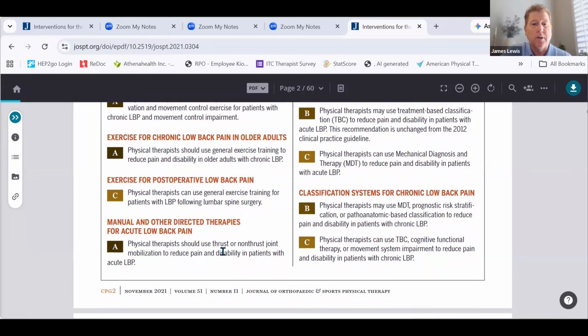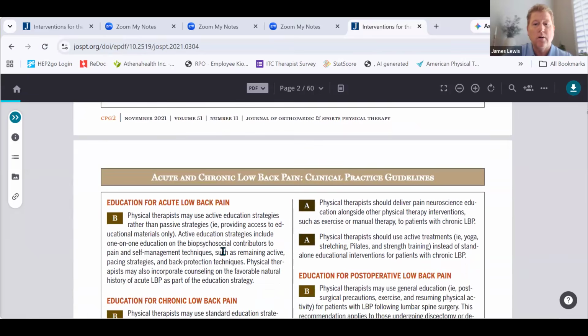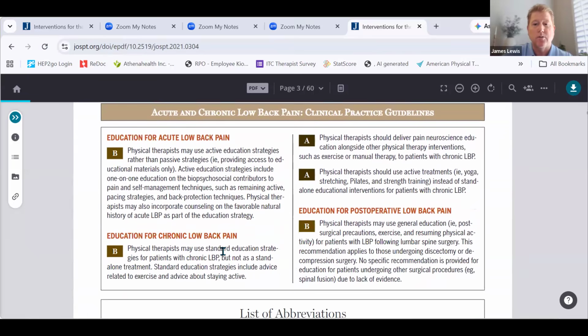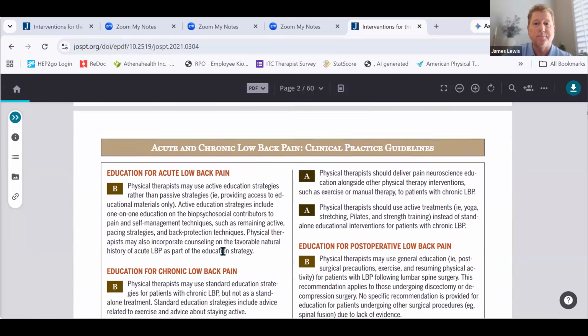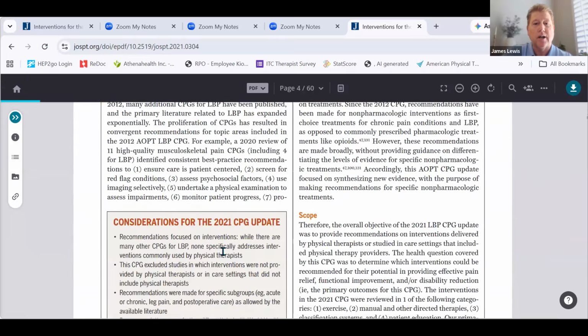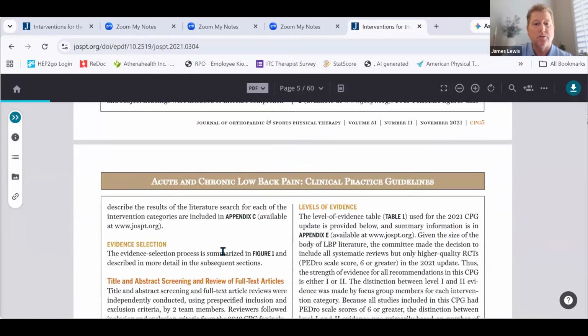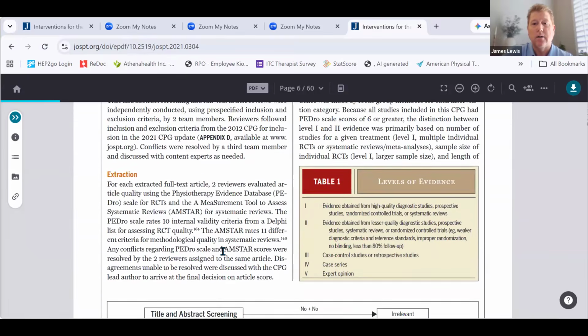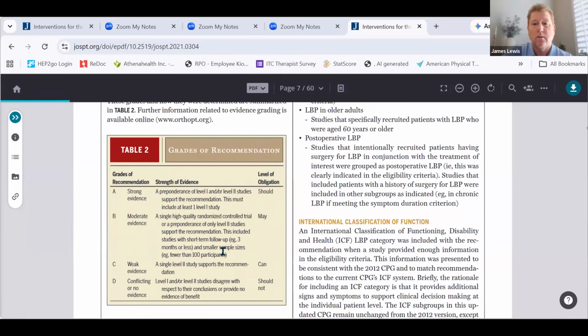There's the manual therapy in there for acute low back pain. And then we start to move into things like chronic low back pain and so forth. And then you get into actual how they got there. I'm going to scroll down until I find low back pain with leg pain.